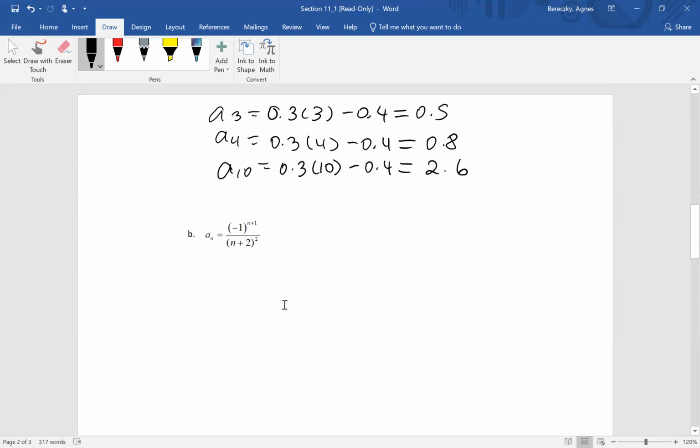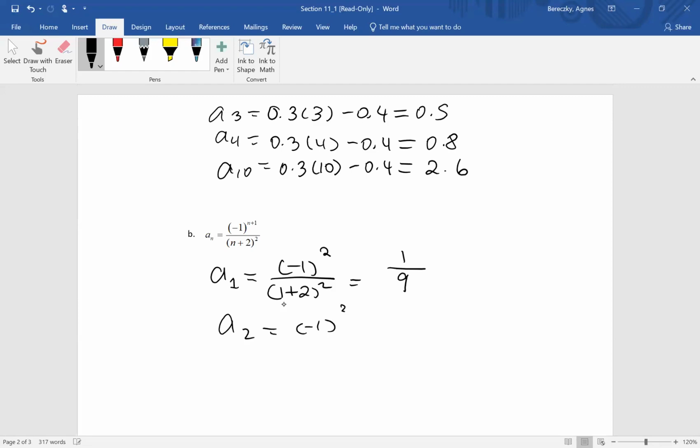Another example. Again, we're going to find the first 4 terms. First, we plug in 1 for n: negative 1 to the 1 plus 1, so second power, over 1 plus 2 squared, which is 1 over 3 squared, which is 9. The second term will be negative 1 to the 2 plus 1, so third power, over 2 plus 2 squared, which is negative 1 over 4 squared, which is 16.